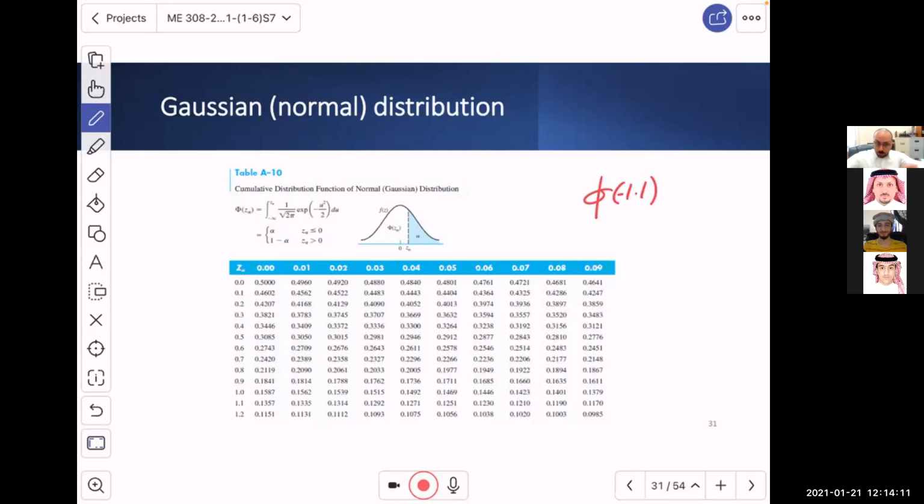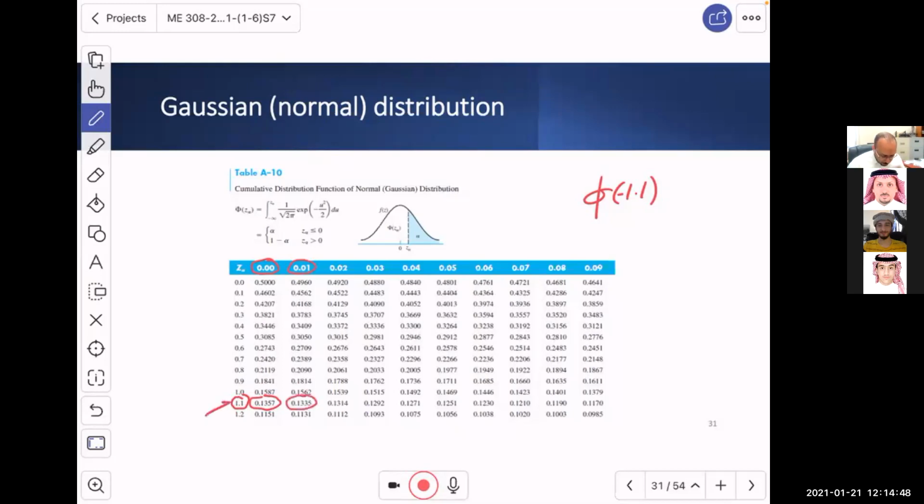So if you have minus 1.1, what are you going to do? You will go to this: this is minus 1.1, so if you have minus 1.100, then this is 00, and you will get this probability. If you have minus 1.11, then this is 0.01 added to 1.1, and you will get this number. That's it. Okay, we'll have an example.